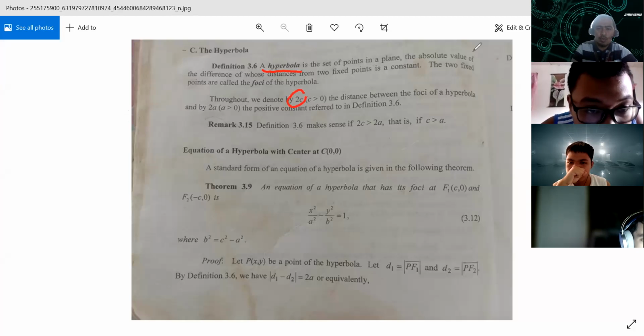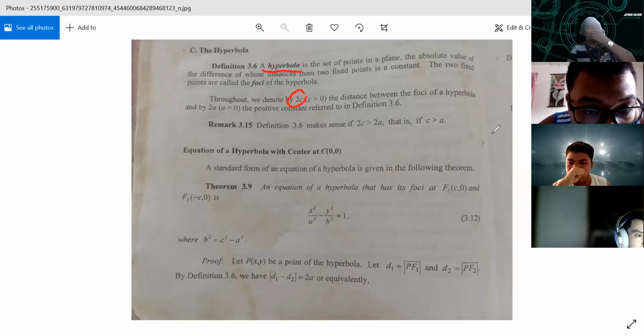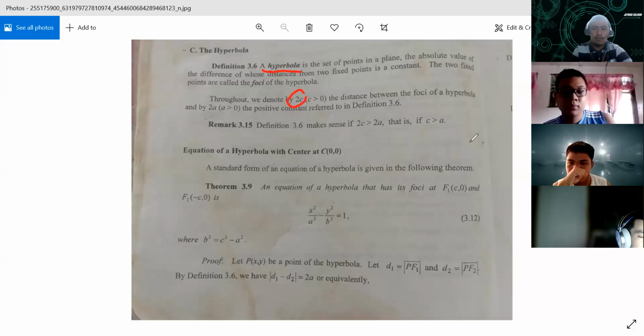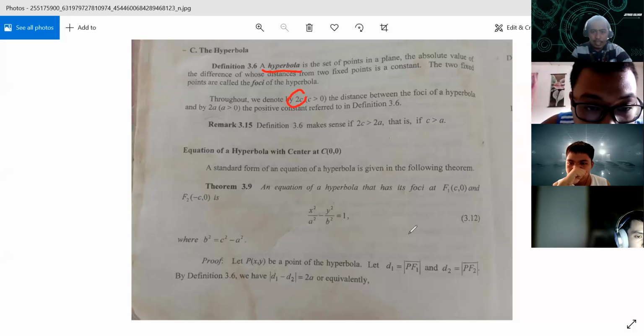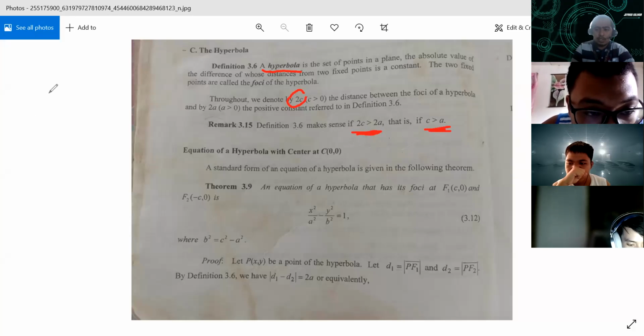The c is connected to your foci while the a is for your vertices. Always bear in mind that 2c is always greater than 2a, so it follows automatically that c must be greater than a, unlike in the ellipse, remember?